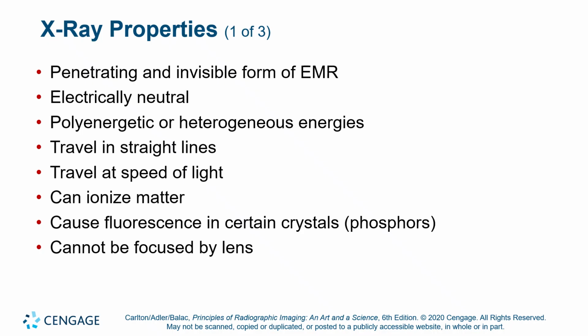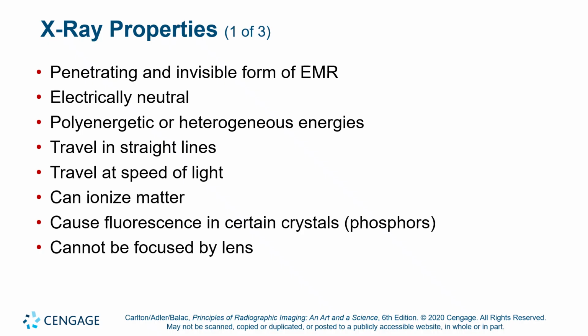They also travel at the speed of light, little c, 3 times 10 to the 8th meters per second. X-rays can ionize matter, they can cause certain materials to fluoresce, and they cannot be focused by a lens, which is a special type of refraction.